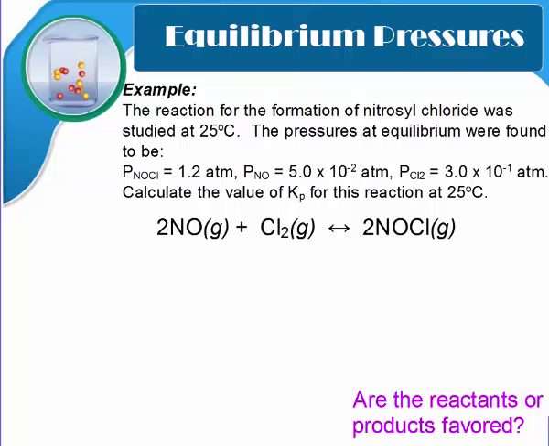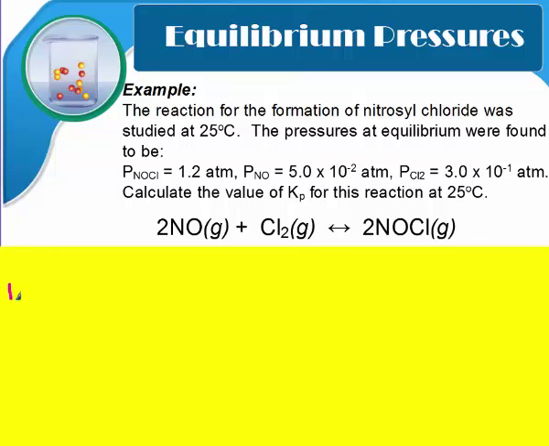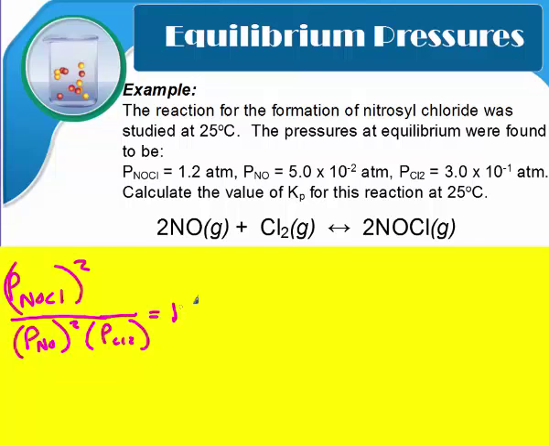So in this problem, first thing we need to do is write our equilibrium expression. So the pressure of NaCl... Then, reading the problem, it says that the pressures at equilibrium were found to be the following.